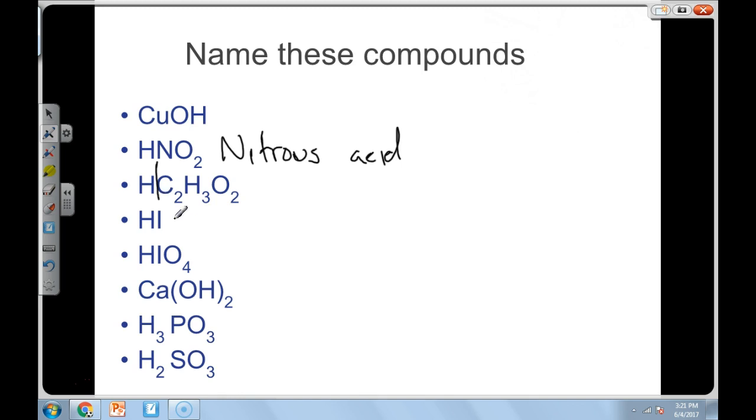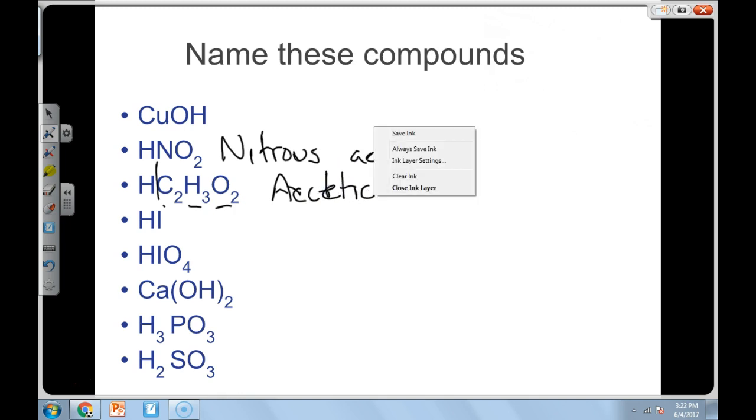Now, again, acid. This is a polyatomic ion that we have to have memorized. This is the acetate ion. Acetate, drop the -ate, add -ic. So this is acetic acid. You may want to say acetic because it's acetate ion, but this is where the pronunciation changes.